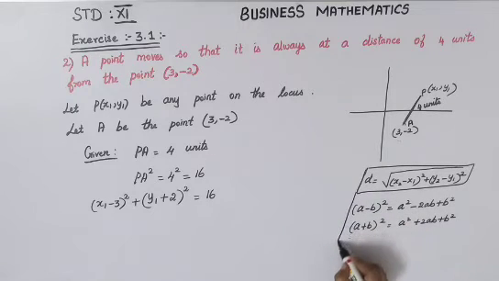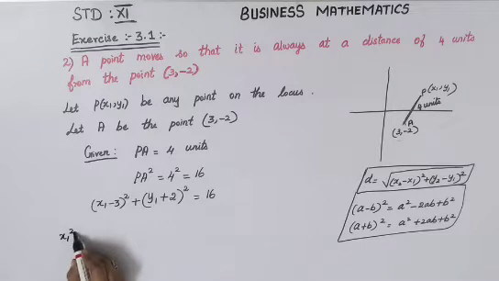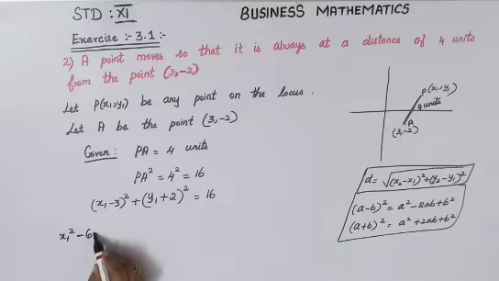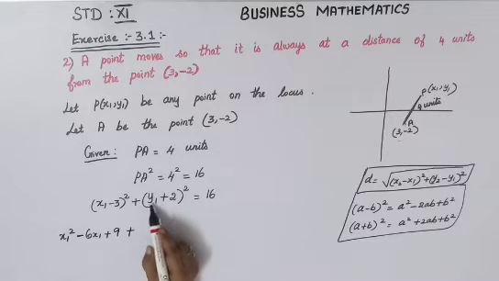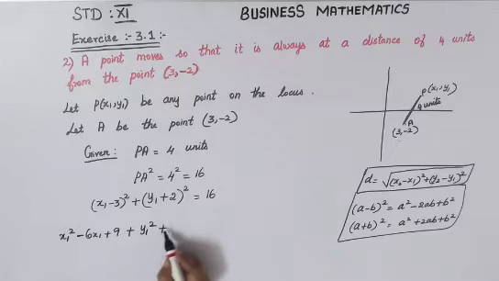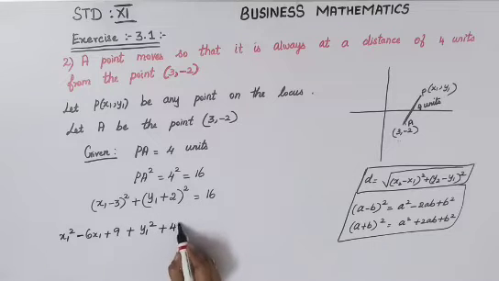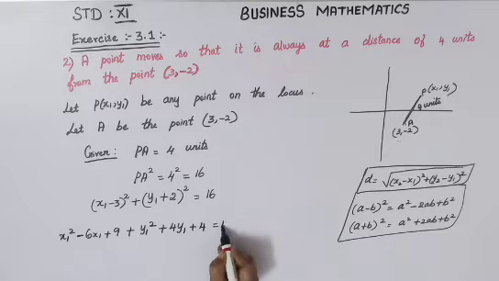You can use these two formulas. Expanding here, x1 square, since minus is there, minus 2AB: 2 into 3 is 6, so 6x1, plus B square, 3 square is 9, plus y1 square, plus 2AB: 2 into 2 is 4, so 4y1, plus 2 square is 4, which is equal to 16.